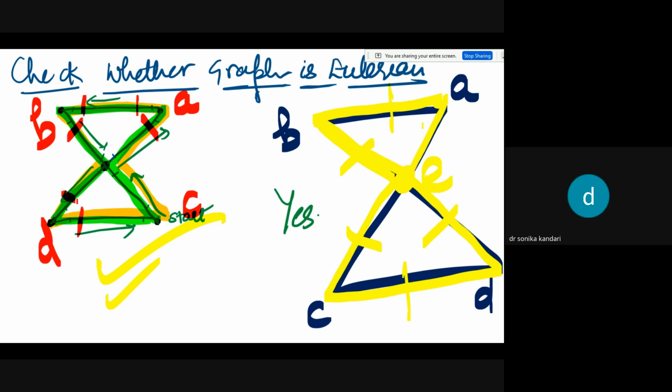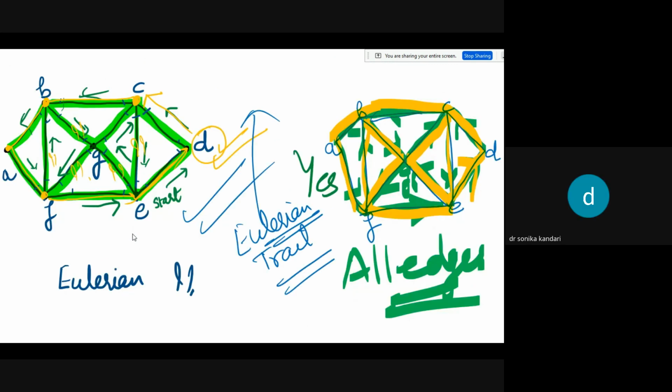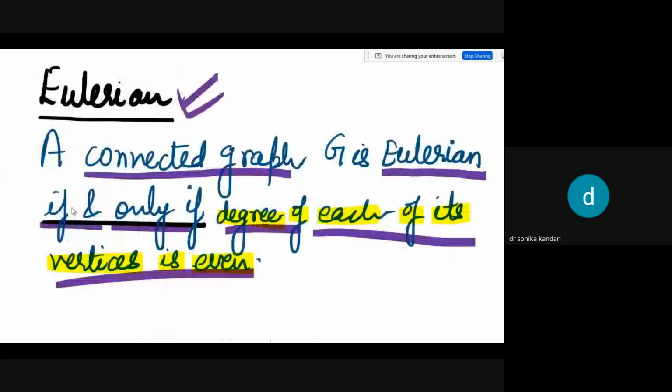What is the degree of vertex D? Even, 2. Degree of vertex C? 2. Is it clear? Coming on to this diagram, degree of vertex A is 4, even; vertex C is 4, even; vertex B is 4, even; vertex F is 4, even. Fine, so this will help you.